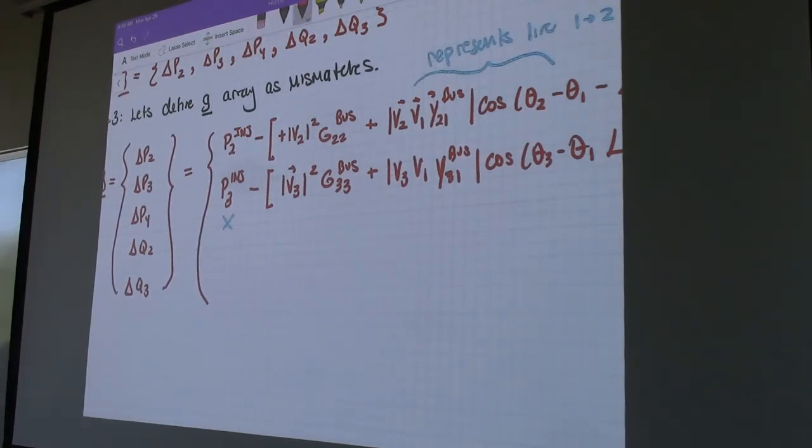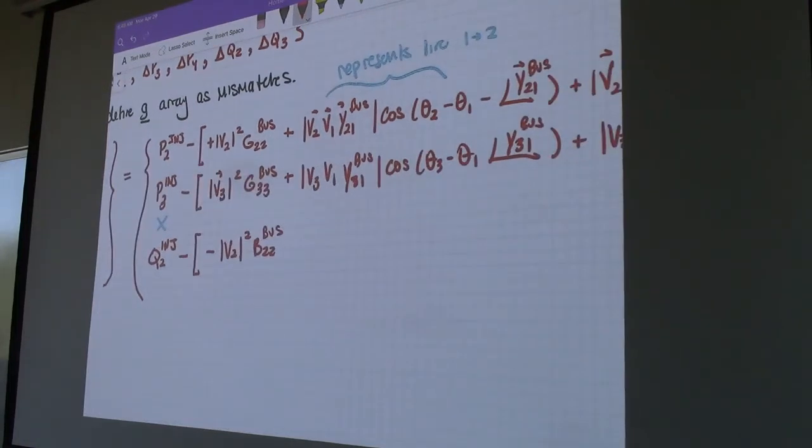And now let's go down to Q2. So Q2 injection minus a negative V2 squared B22 bus. And we can model the structure of this one really heavily off of the first equation.